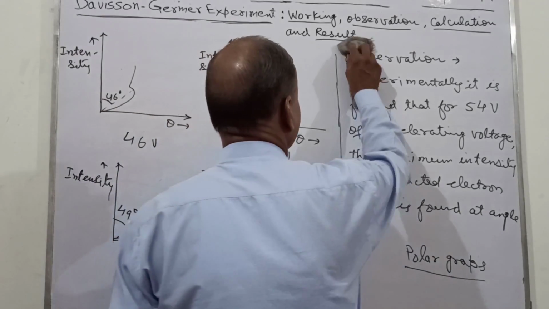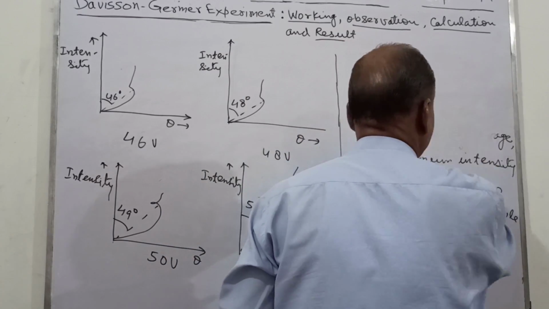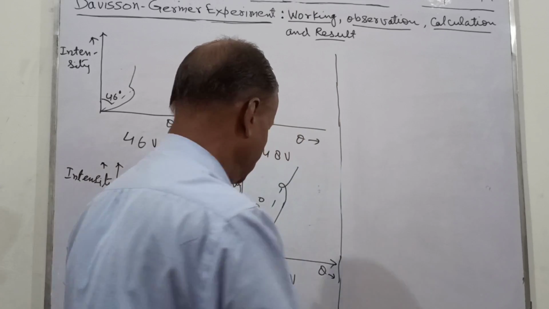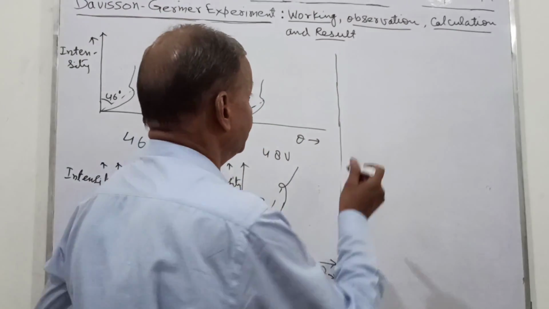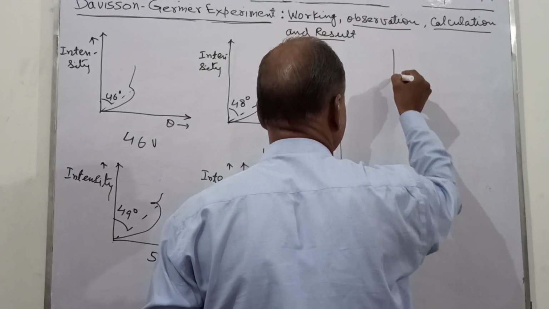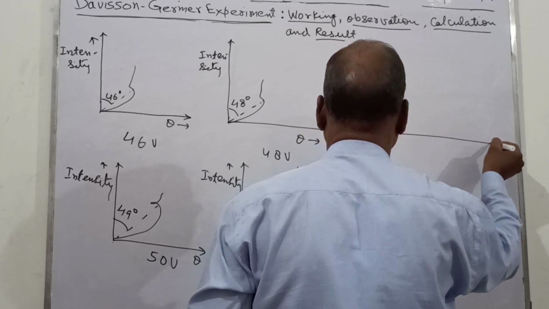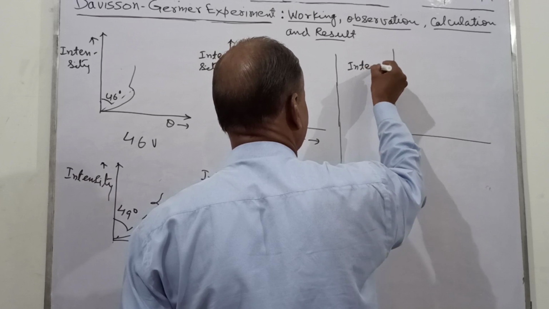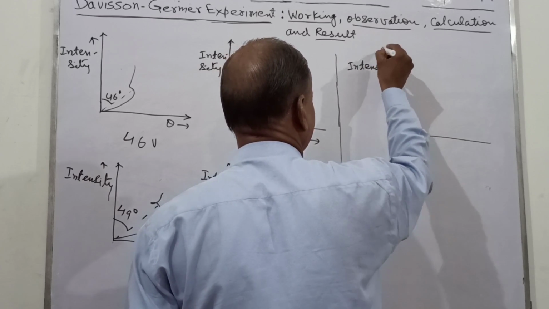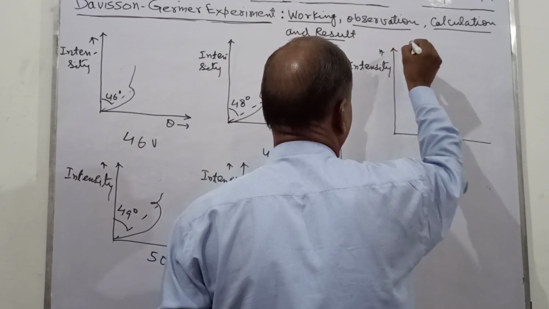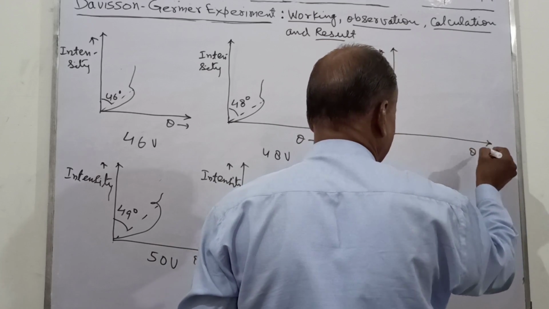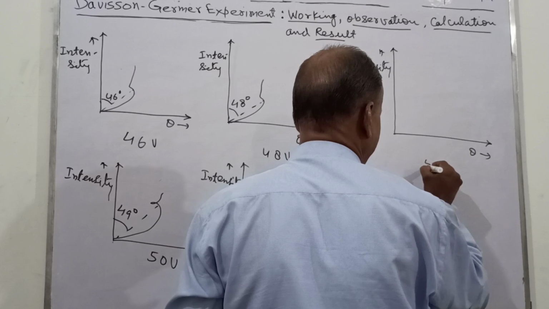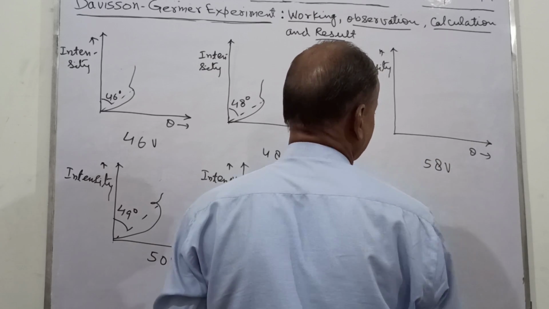And now again we increase. Suppose I take the graph like this. This is intensity and I take theta on this side. Suppose now this is 58 volts.